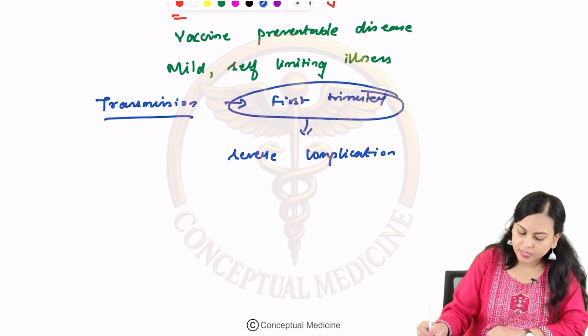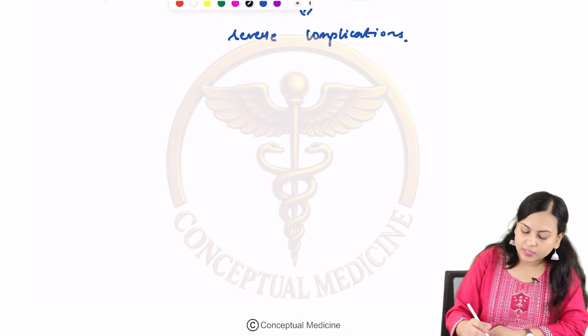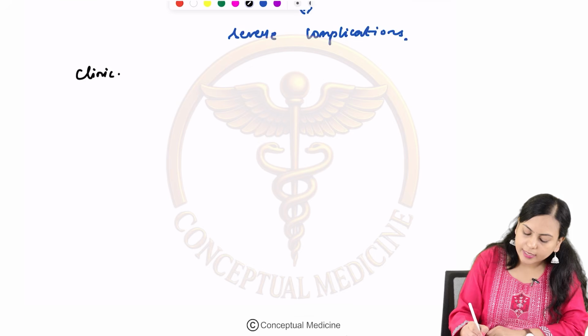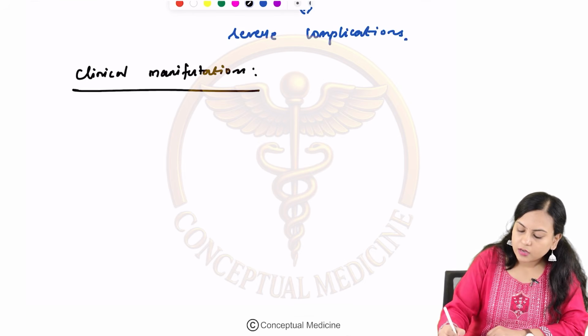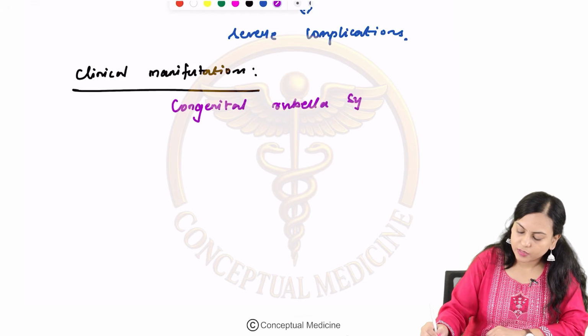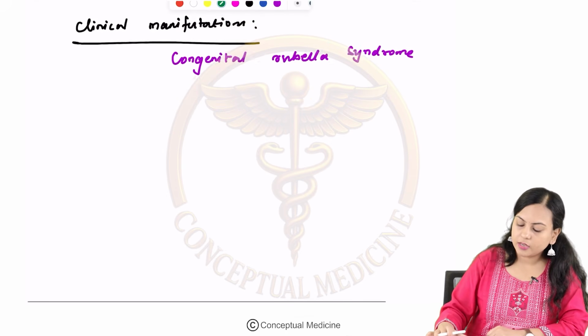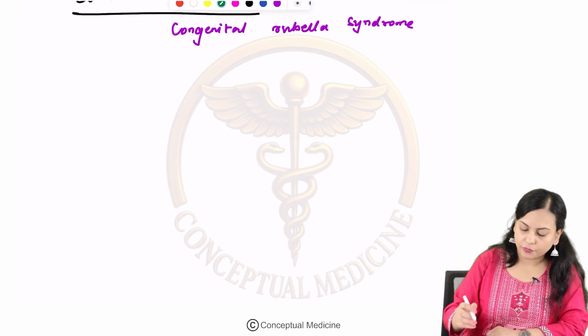Clear? Now, we will see the clinical manifestations. They include a syndrome called congenital rubella syndrome, right? What are the features we will see in this syndrome?